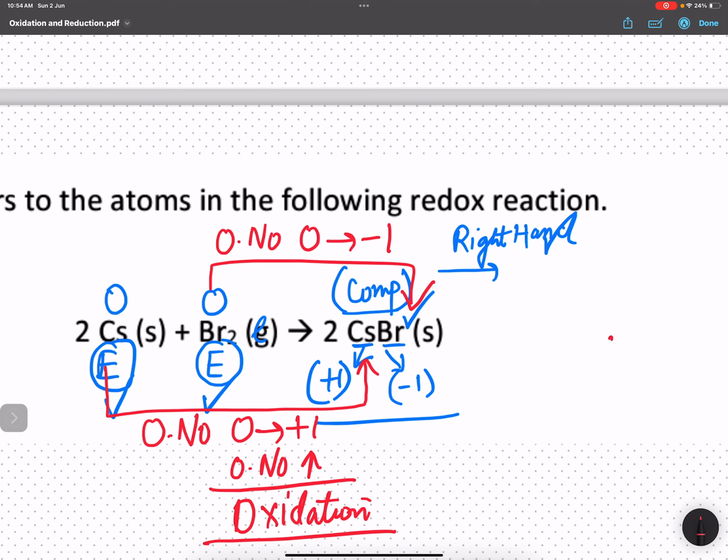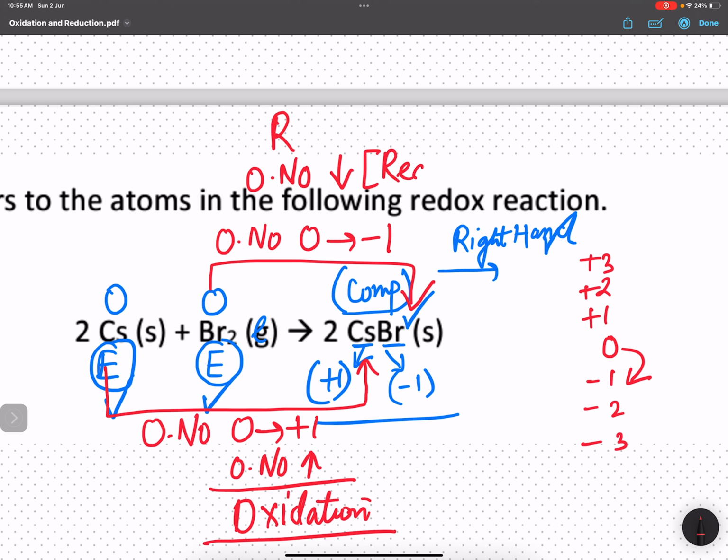All of you know this scale: 0, 1, 2, 3, +1, +2, +3, -1, -2, -3. So you have gone down, the oxidation number has decreased. When it is reduced, you call it reduction.